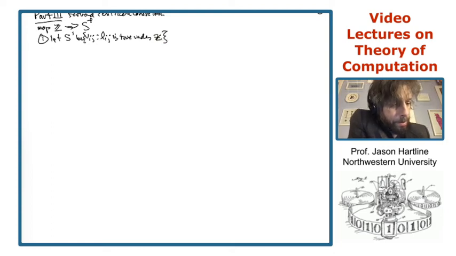So let S prime be the vertices Vjk corresponding to Ljk that is true under the assignment Z. But this S prime might not be an independent set because some clauses might have more than one true literal.